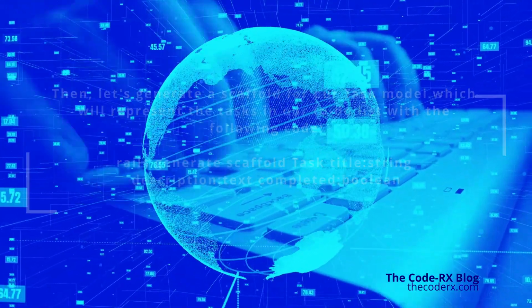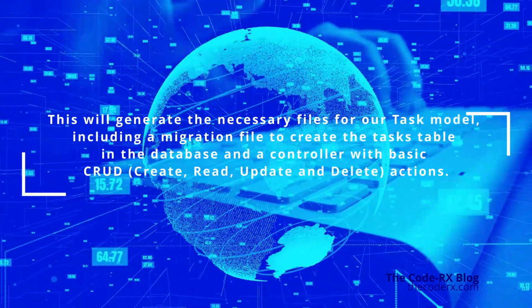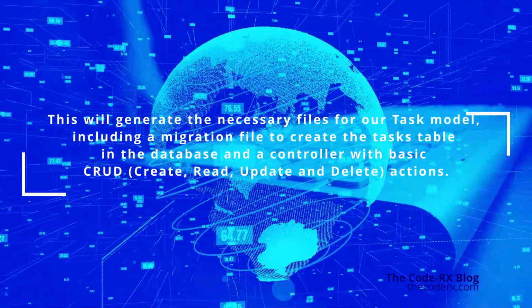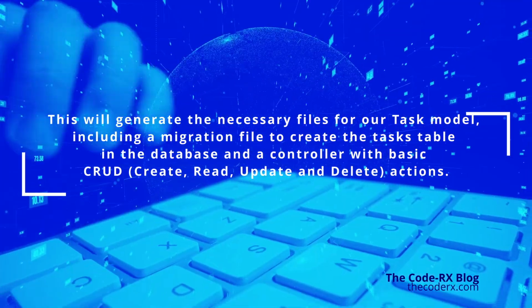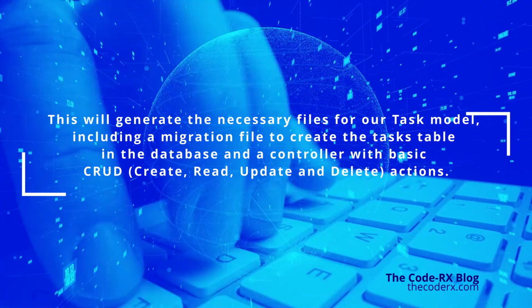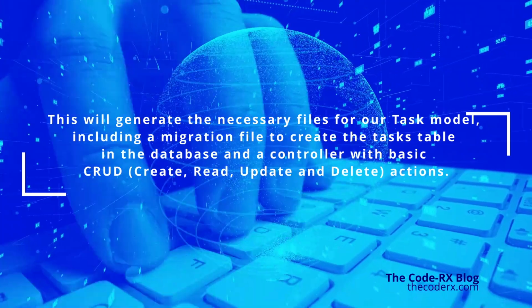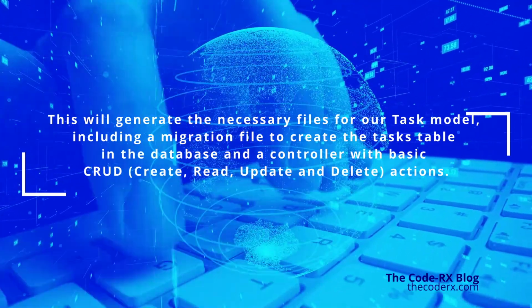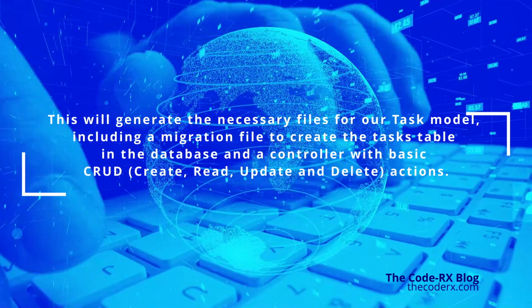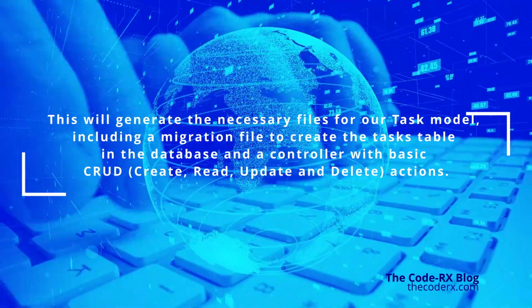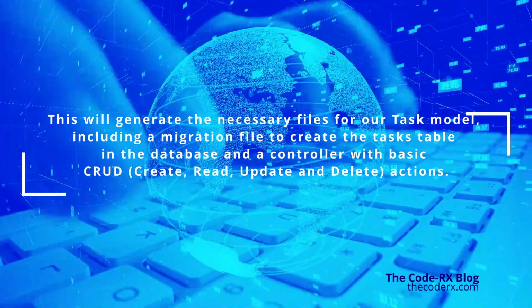Now this will generate the necessary files for our task model, including a migration file to create the task table in the database and a controller with basic CRUD actions. Now CRUD stands for create, read, update, and delete.